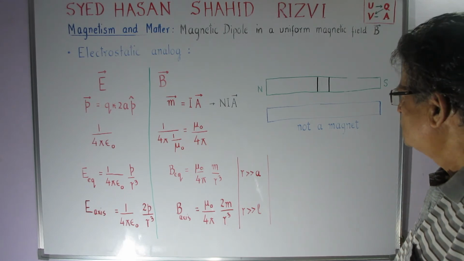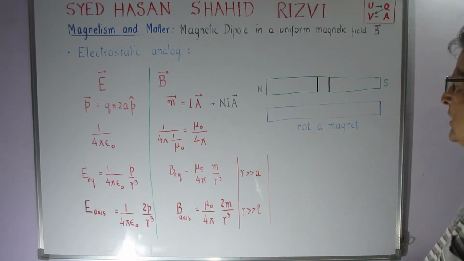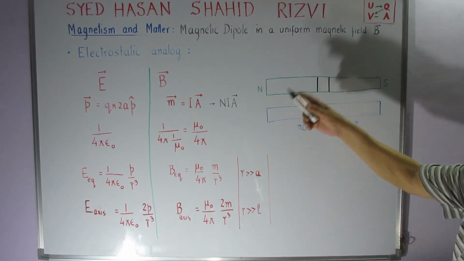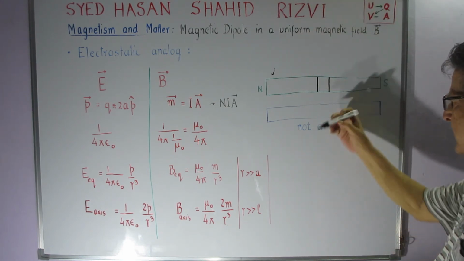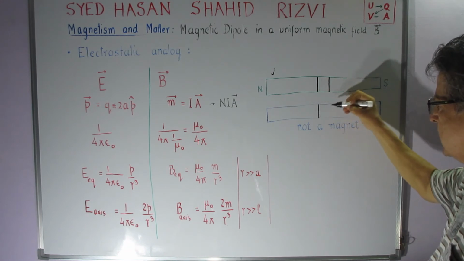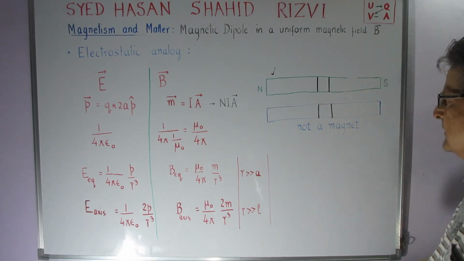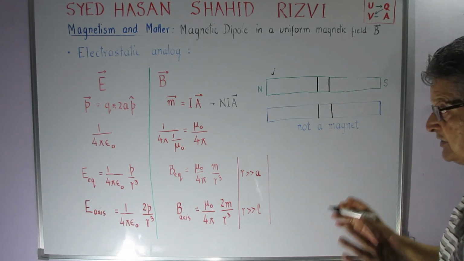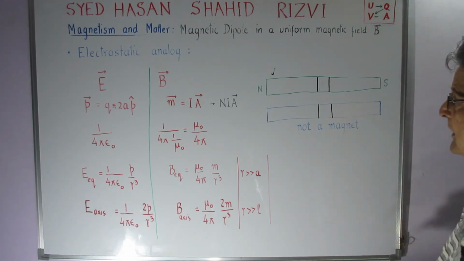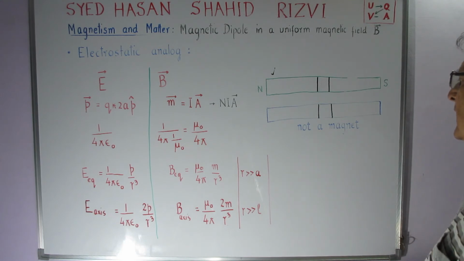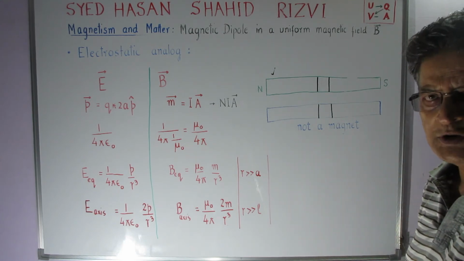Now suppose I pick up this one and bring it in the middle here, then there is a substantive attraction, because we are already told that one of them is a magnet and the other is not a magnet. We don't know which one.